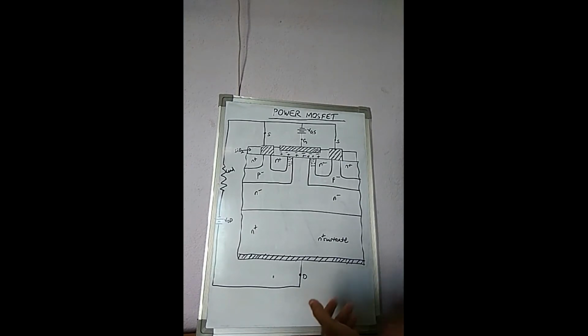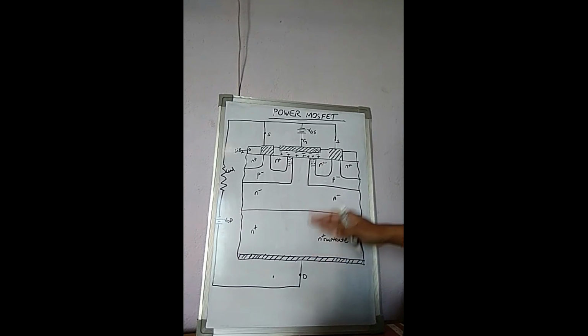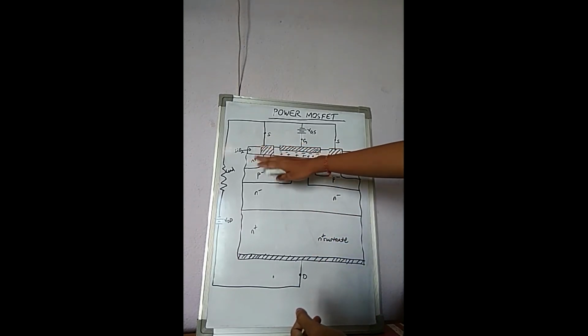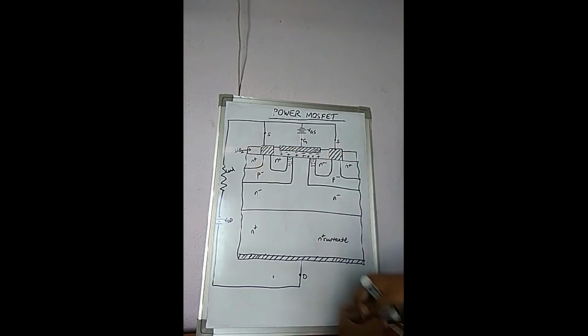As before in the low power MOSFET, here also a SiO2 layer is added over this layer. This is the SiO2, silicon dioxide layer, an insulating layer.